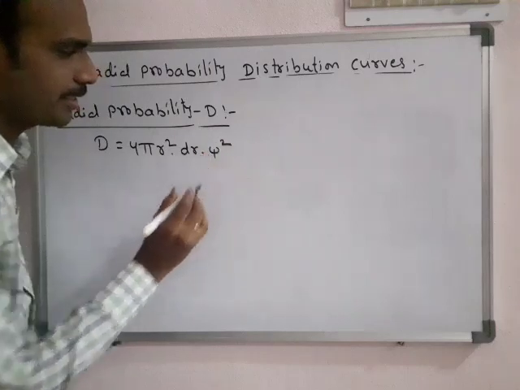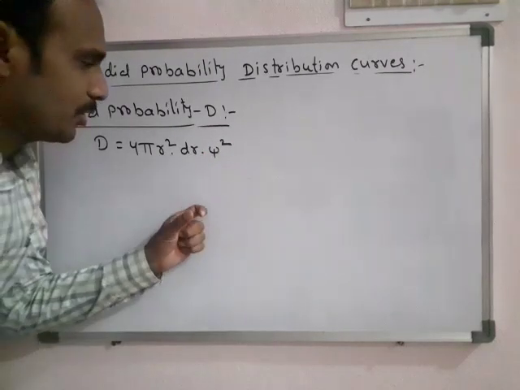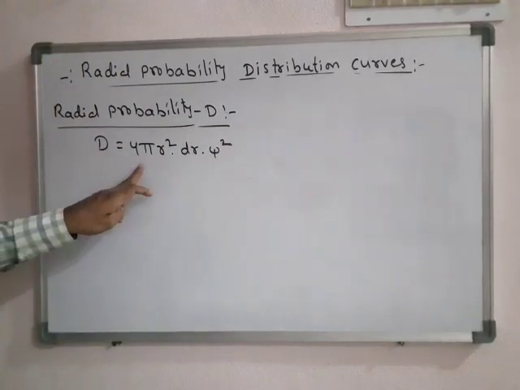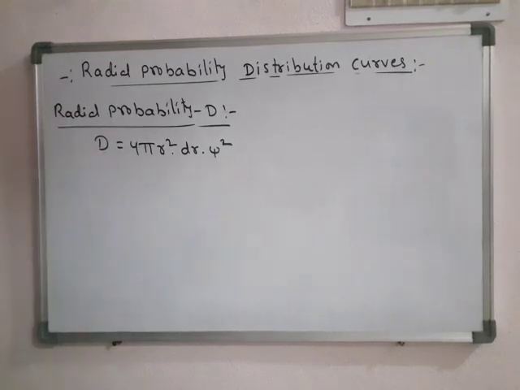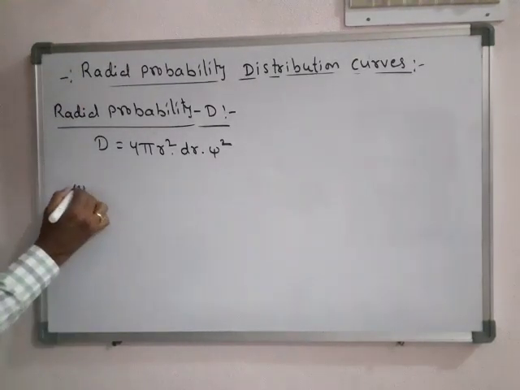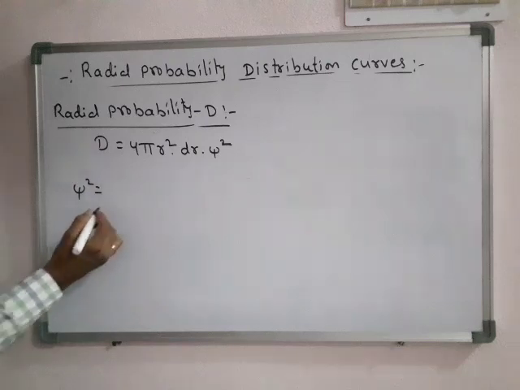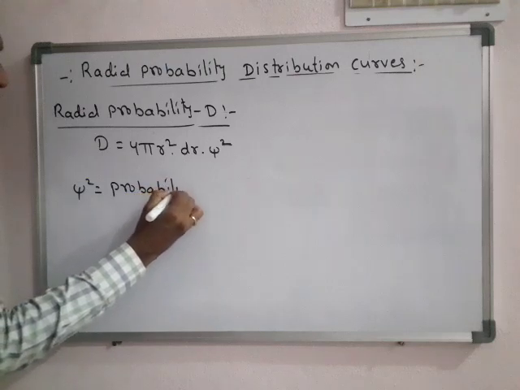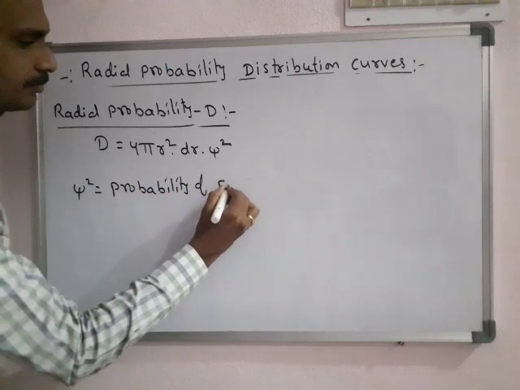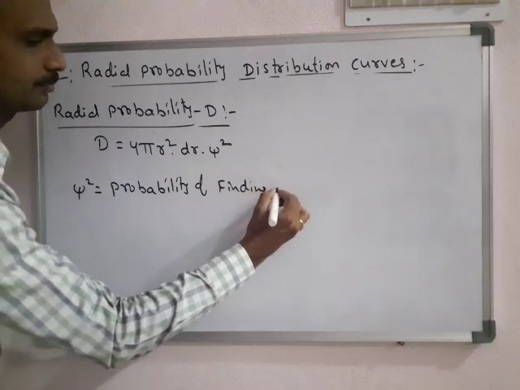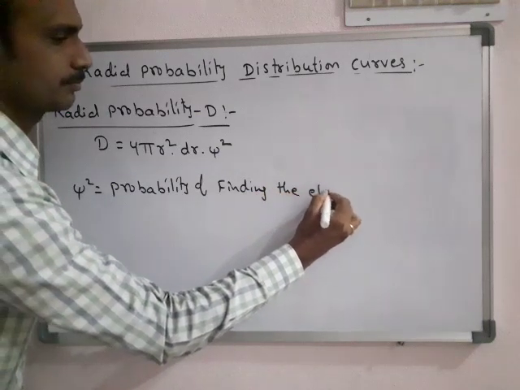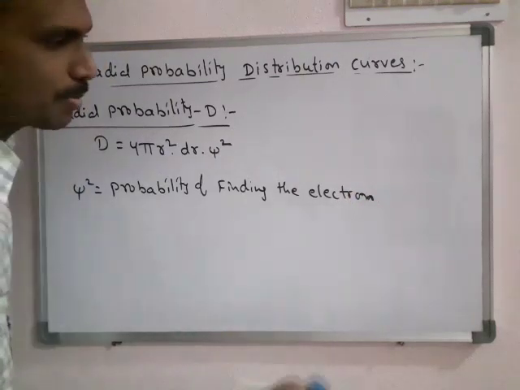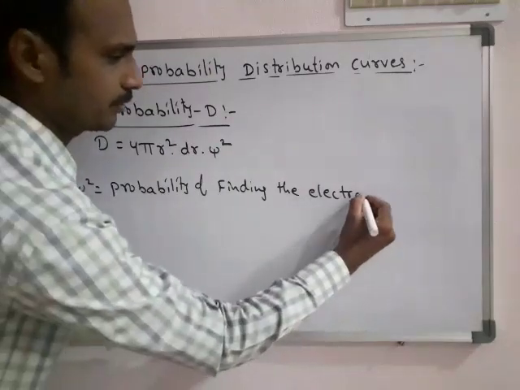We know psi is a wave function which indicates the wave nature of electrons. So capital D is equal to 4 pi r square dr psi square. Psi square always tells about the probability of finding the electron.